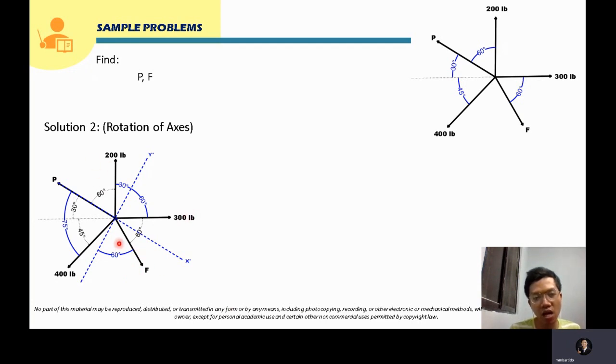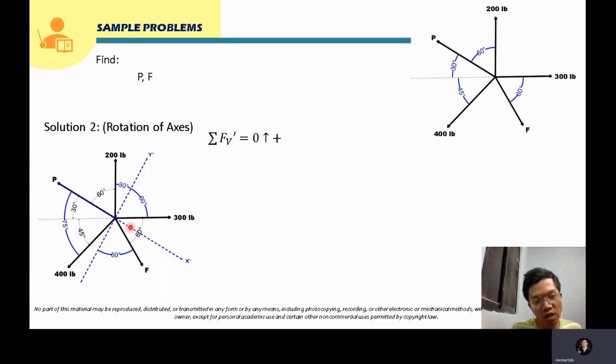So we can now start solving for the summation of forces wherein force P will not be included. So that will be summation of forces vertical with respect to the new y-axis. So this is summation of forces vertical prime equal to 0, and positive for upward forces.